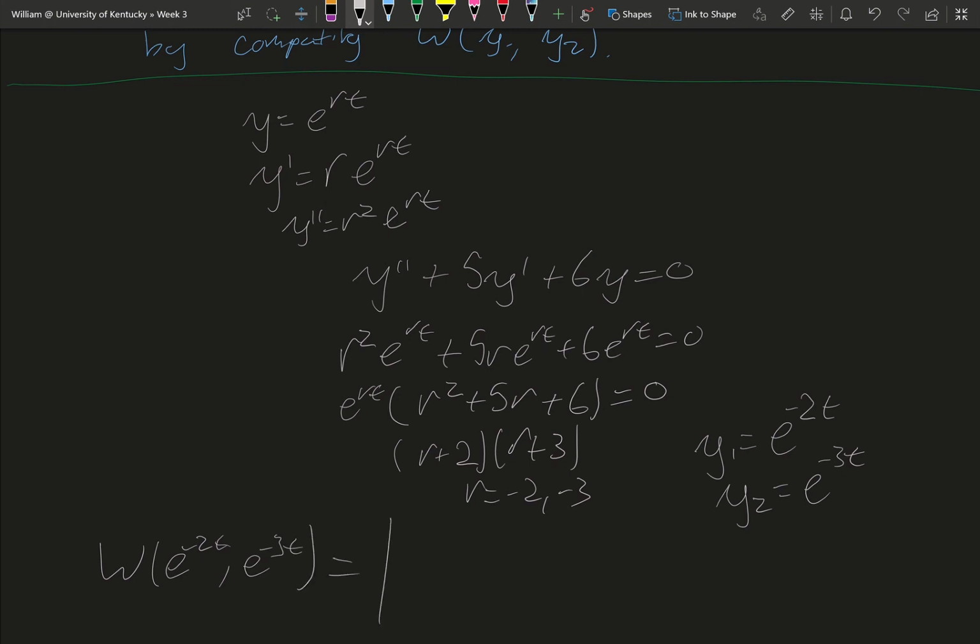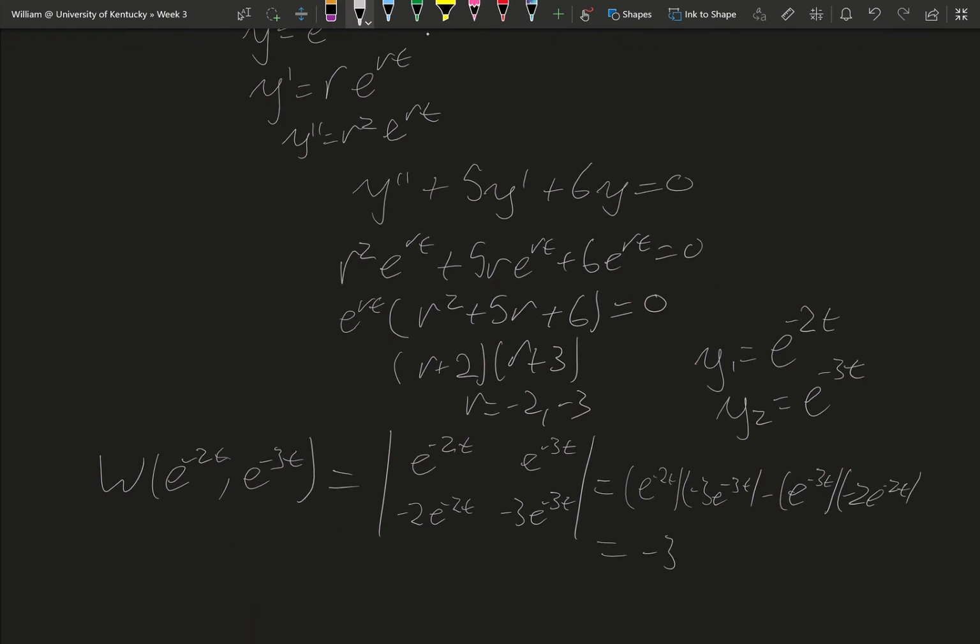Right, so now we compute the Wronskian. So e to the negative 2t times negative 3 e to the negative 3t there, and then minus e to the negative 3t times negative 2 e to the negative 2t.